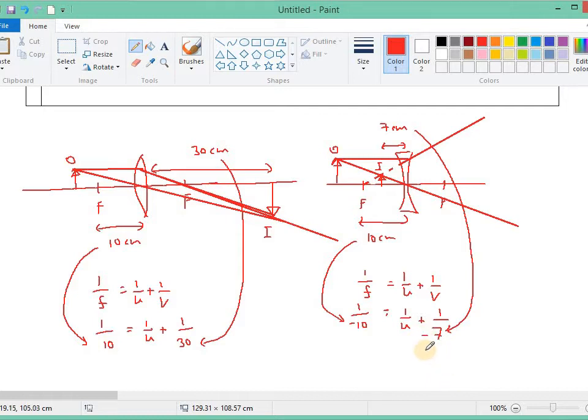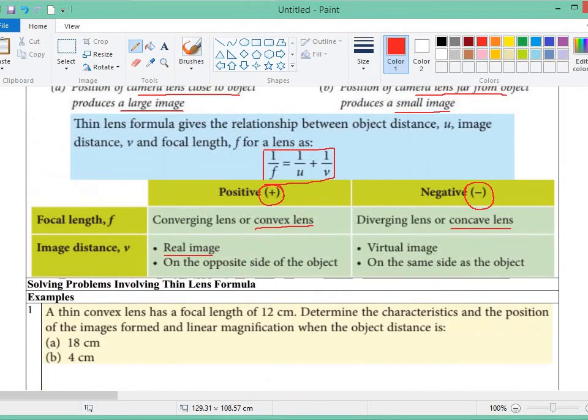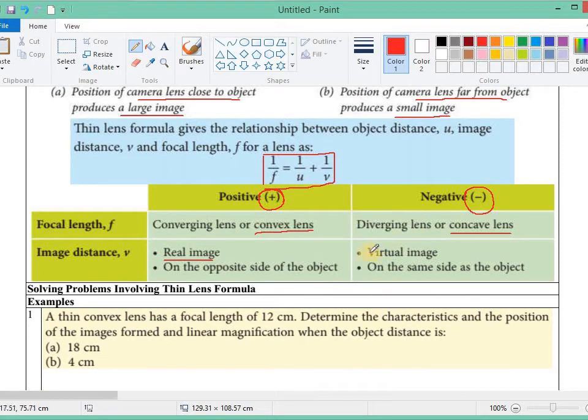This is for a virtual image. Virtual image we put negative. If the image is on the same side as the object, then we put negative, because if it is on the same side, then it's definitely virtual.